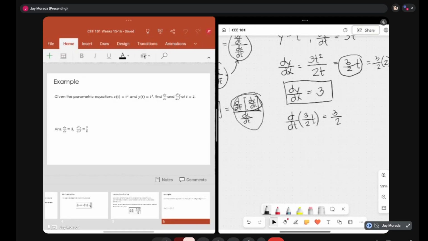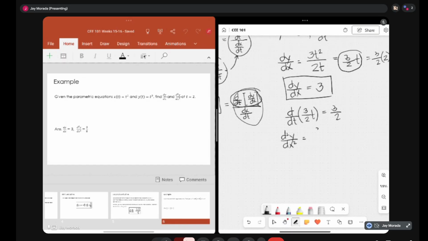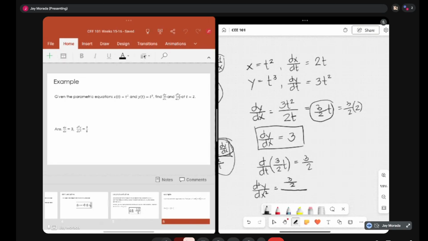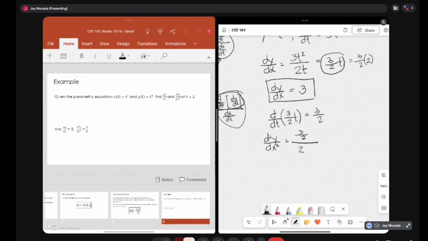So for the second derivative of y with respect to x, we have 3 over 2, and the denominator is your dx over dt. That is 2t. Leaving us with 3 over 4t.